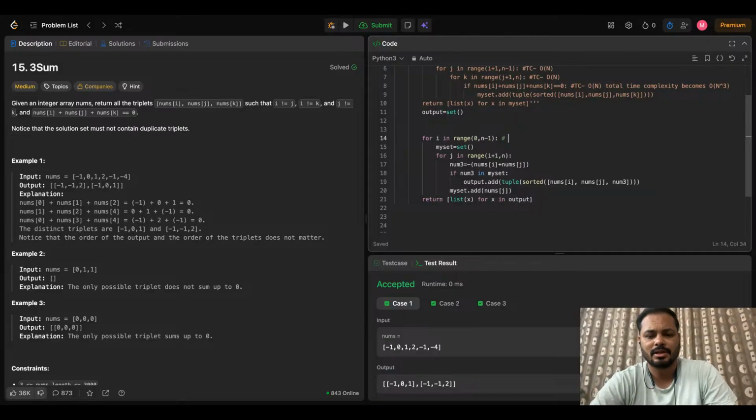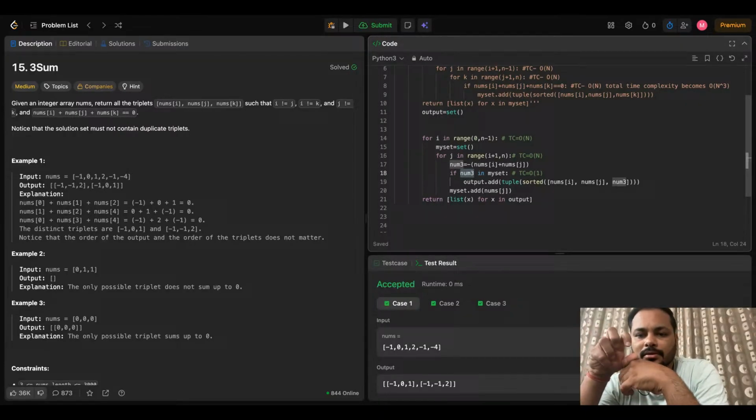Let us calculate the time complexity. Here the time complexity will be order of n, here also order of n, and here it will be order of 1, not n. Why? Constant, because num3 will be searched in my set and picked.